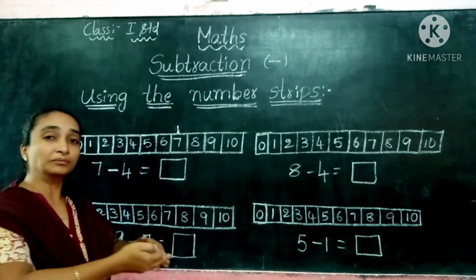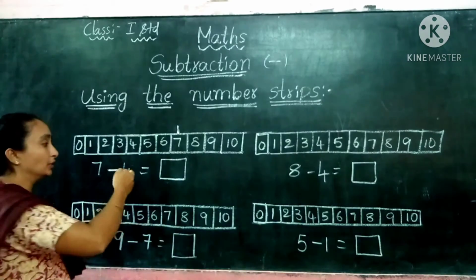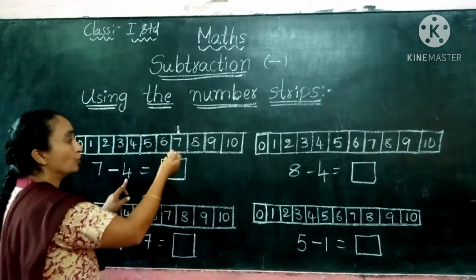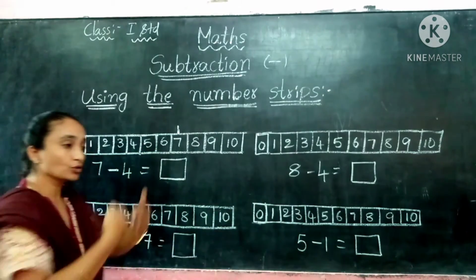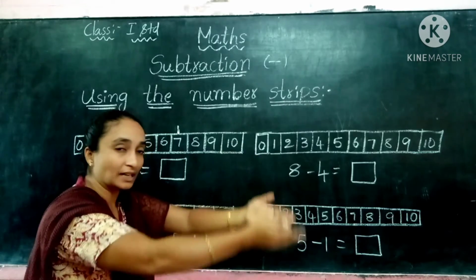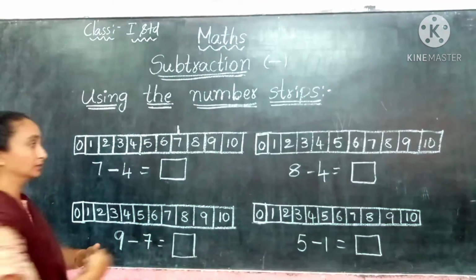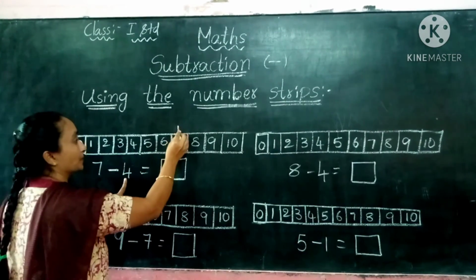So we have to come backwards, 4 jumps backward. Since 4 is there, we can directly go for 4 jumps backward. Forward you should not go. Forward means addition. In subtraction, the same jumps come backward. So for 7 minus 4, we take the subtraction.